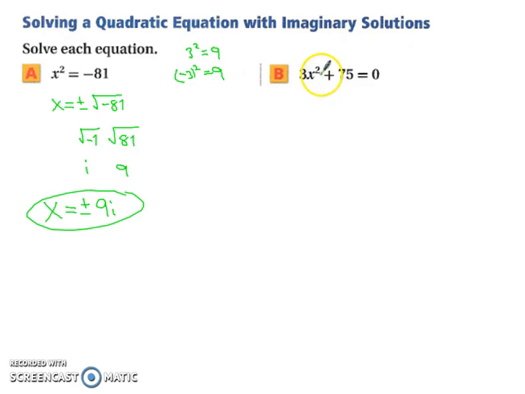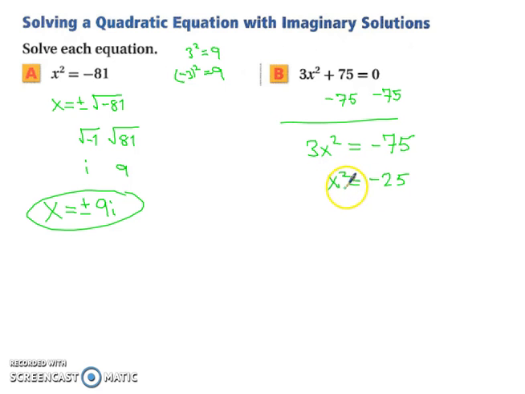Let's try this next one. Notice how we were able to jump right to taking the square root on both sides because x squared was by itself. We need to get x squared by itself first before we do anything else. So let's subtract 75 from both sides, which leaves us with 3x squared equaling negative 75, and then we can divide by 3. So we have x squared equals negative 25.